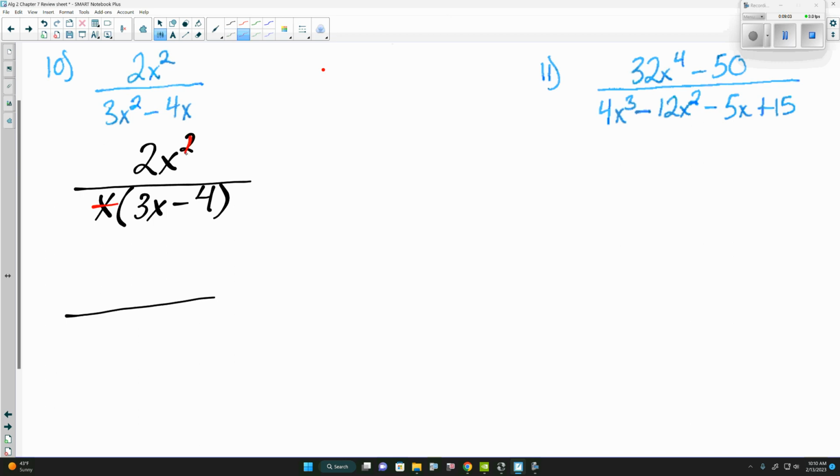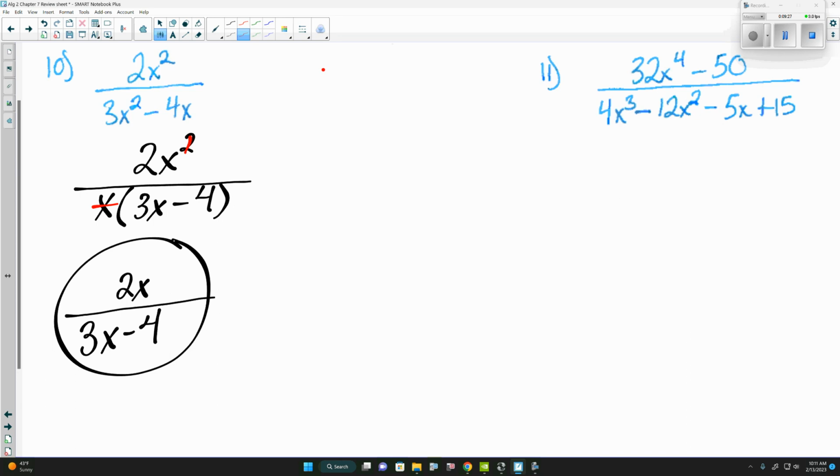This x will simplify with one of these here, leaving us with 2x over 3x minus 4. Any questions on number 10?